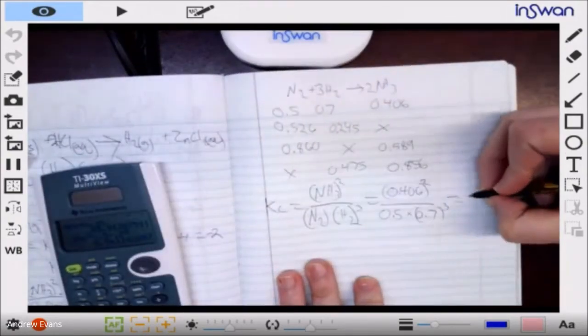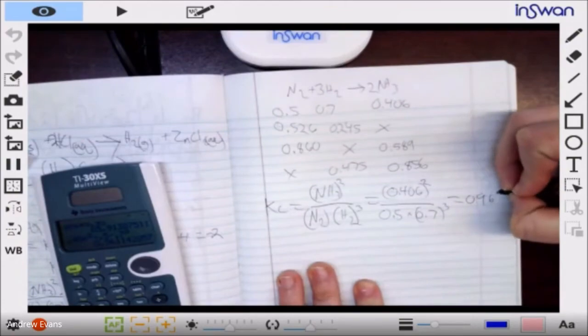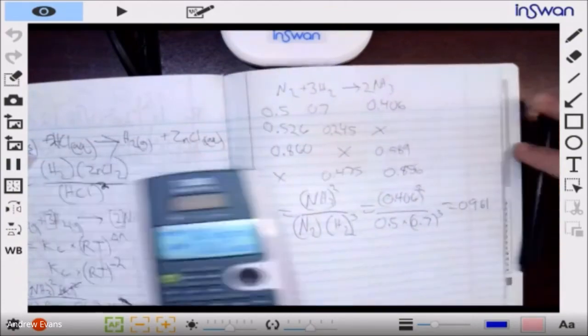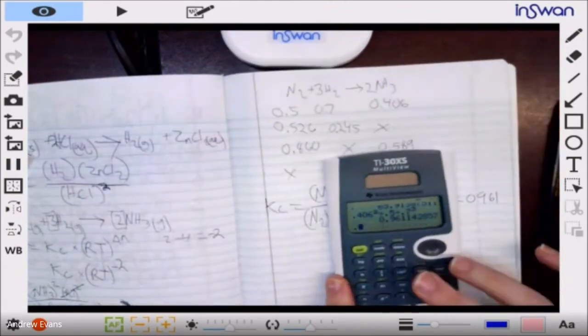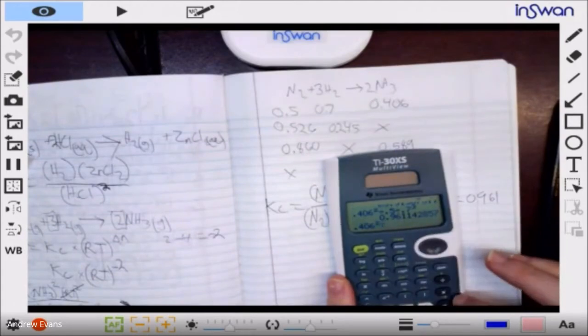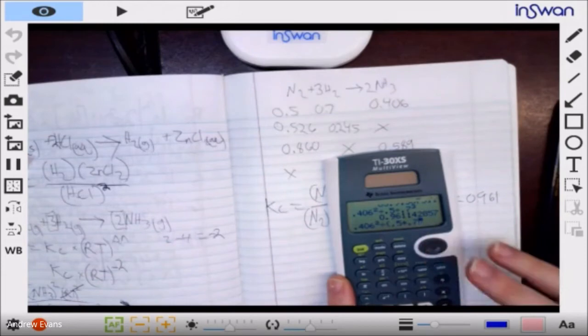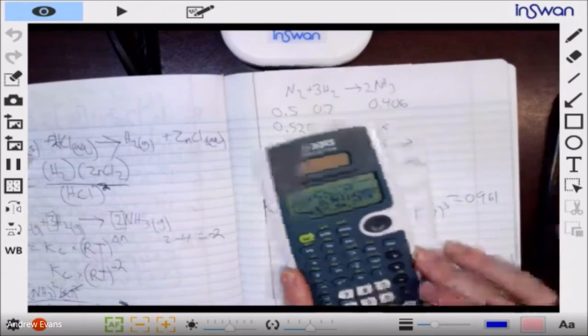You should get 0.961. So I could punch this in as 0.406 squared divided by (0.5 times 0.7 to the third). I can also do it like that.